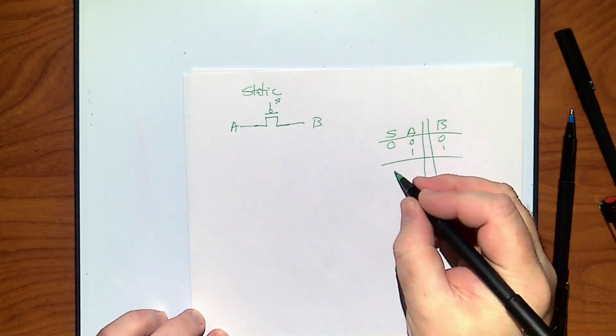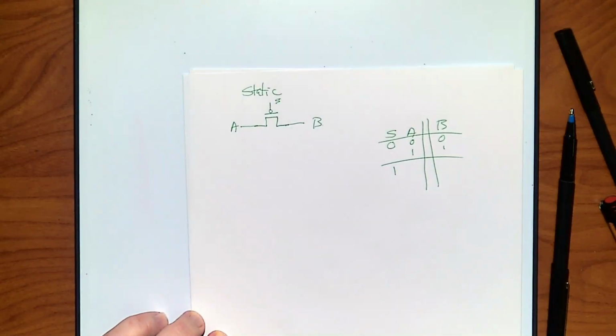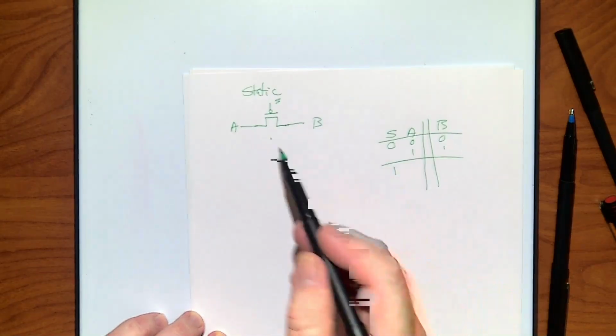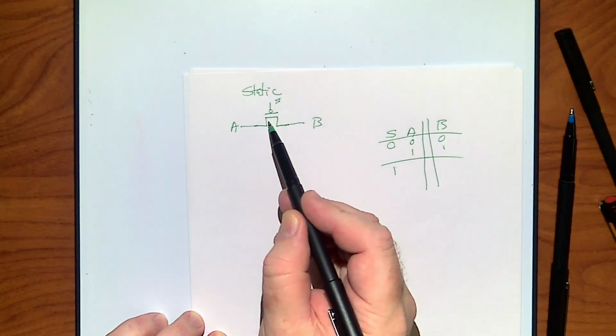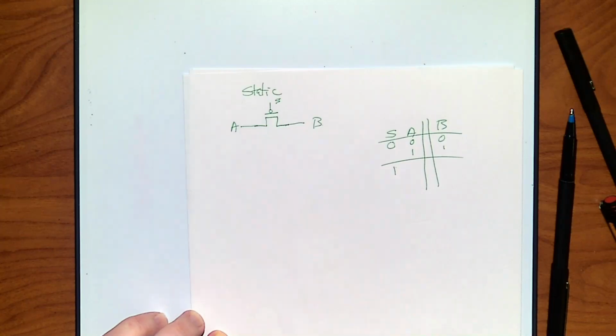Okay. What happens if S is a 1? The gate is off, because now it's power, so it puts a bunch of charges here, a bunch of minuses. That's pushing an N channel, and I don't want an N channel. That makes it actually worse for me.